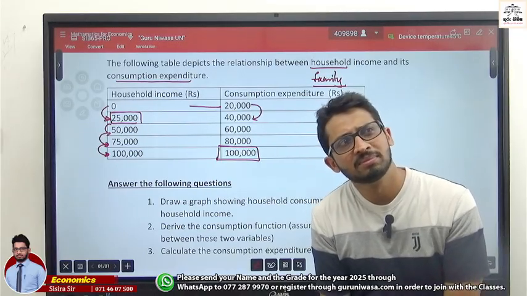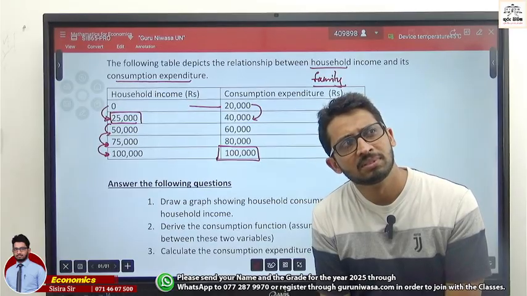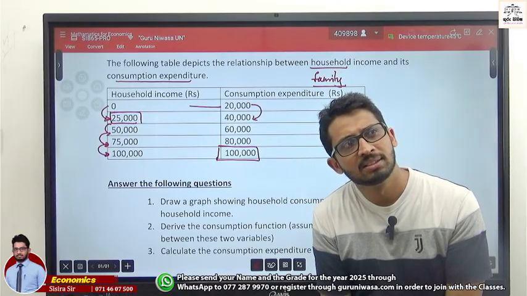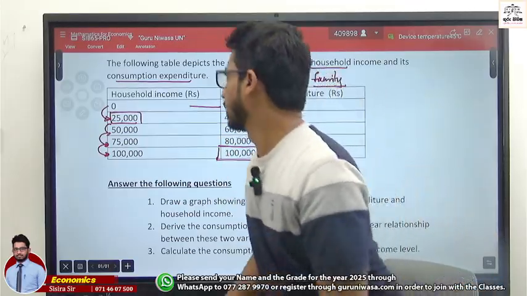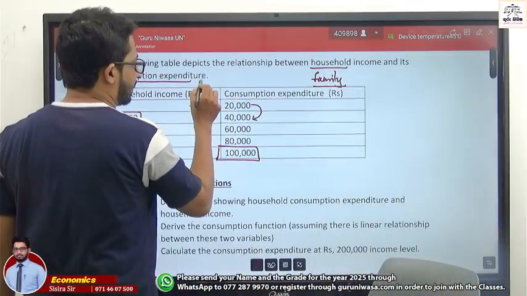Independent is household income. Dependent is consumption expenditure. Yes, very good. Household income is the independent variable. Why?